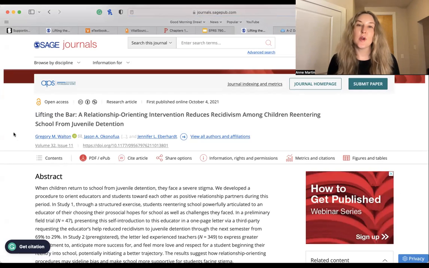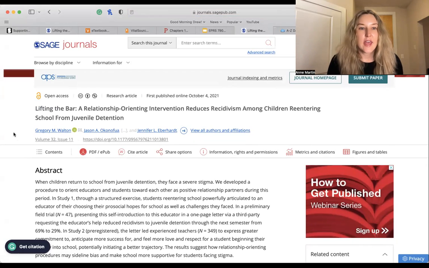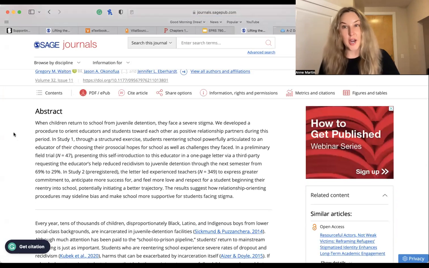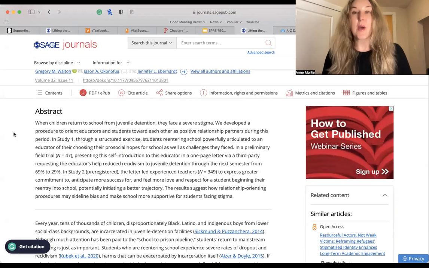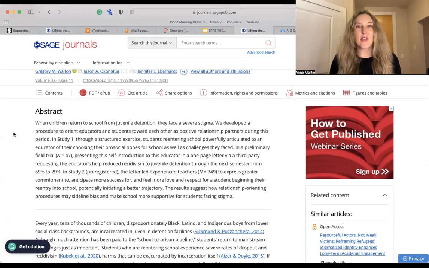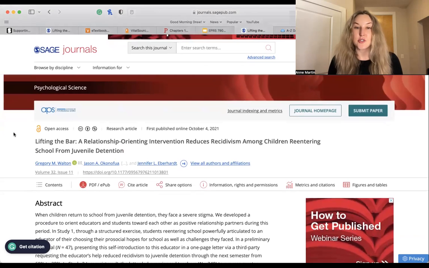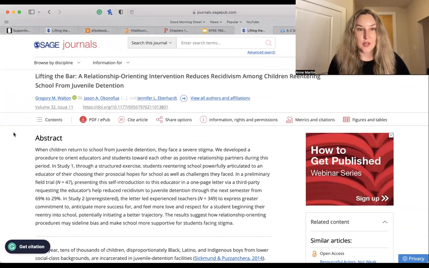So trying to increase the retention of students being able to remain in that school setting. And so in this study, they were trying to rely on the power of mentorship. And so they were trying to humanize these students who are re-entering the school system by having them develop a relationship with an adult in the building, through having the students write a personal letter to the adult, and they found some really good results.